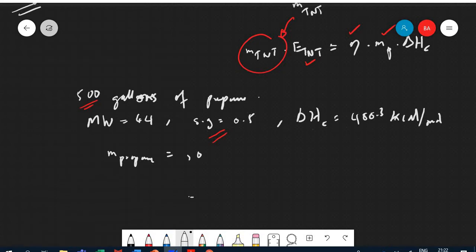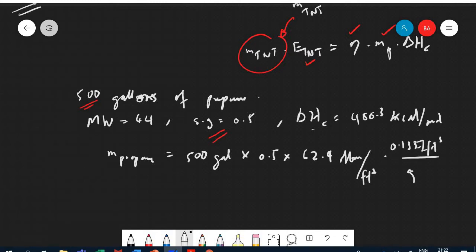So mass is equal to the 500 gallons, multiplied by the specific gravity, and of course the density, 62.4 pound mass per feet cube, and the conversion for the gallons, 0.1337 feet cube per gallon, and the answer here is going to be 2086 pound mass of propane.